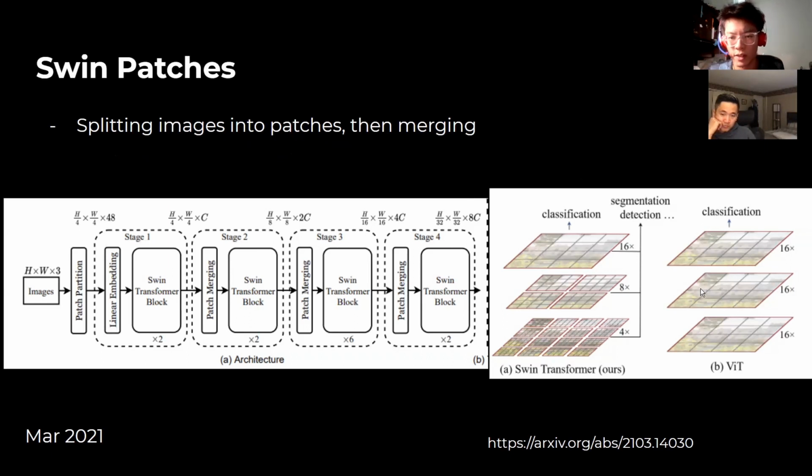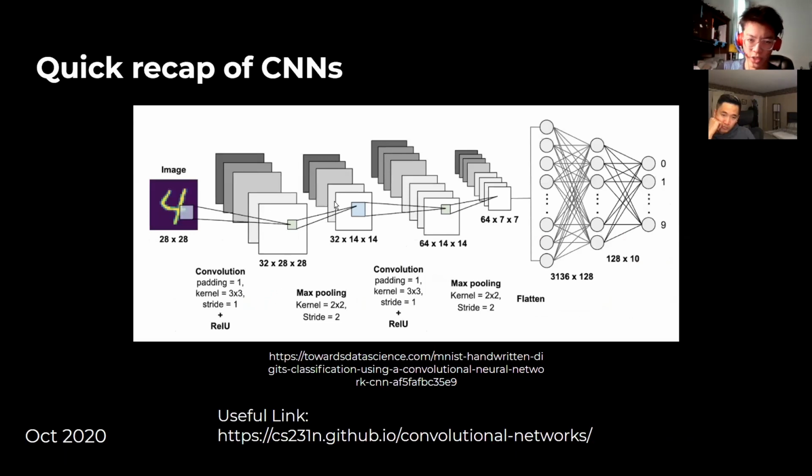We split the image into very, very small patches first, and then you group them together into larger patches in later layers. And for each increasing layer, you're increasing the number of channels. It's kind of like a convolutional neural network where for each increasing layer, you increase the number of channels, so the amount of depth within it.